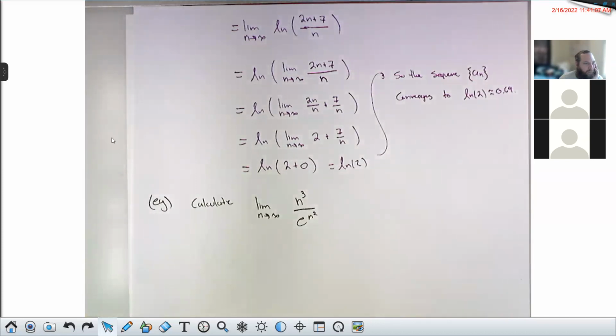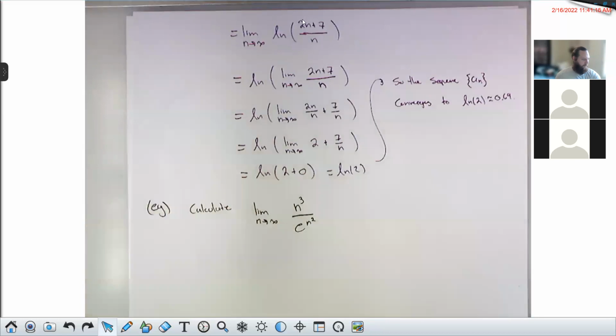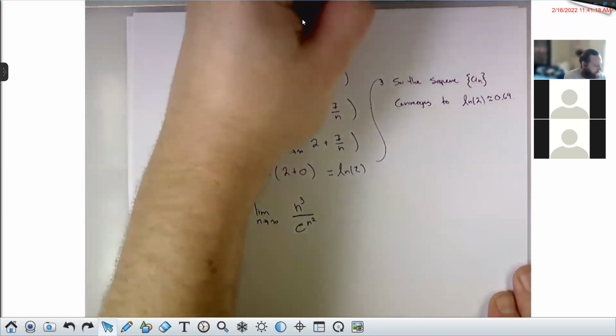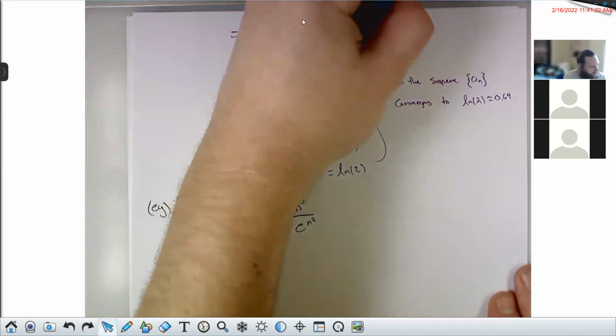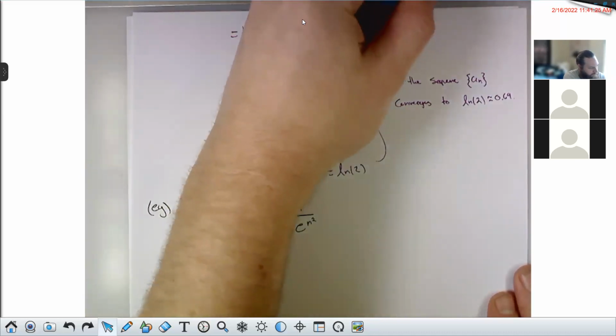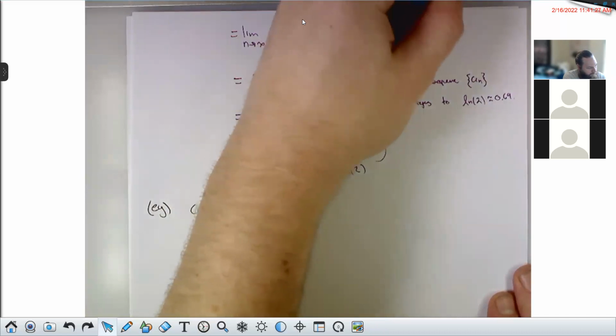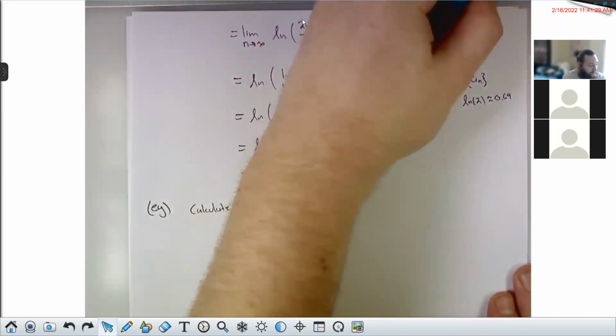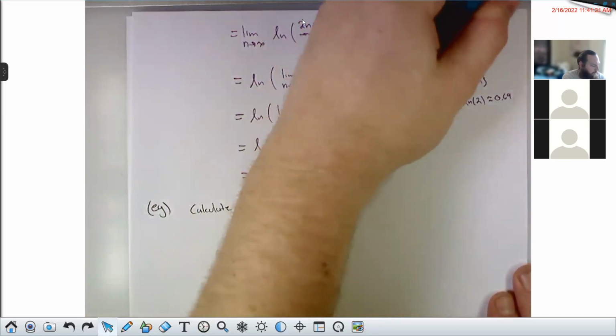Well, let me see. Is it possible to write it as the natural log of 2n plus 7 minus n? No, that would not be correct. So the logarithm rule that I'm using here is that subtraction outside is division inside, and it does have to be like that.